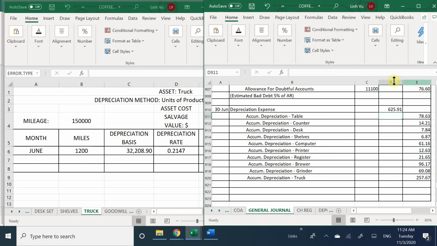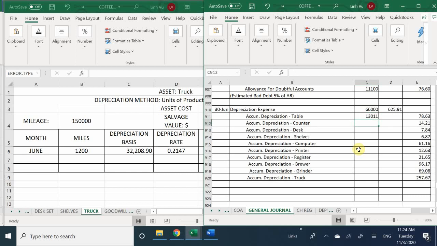Okay. So let's go ahead, and can you tell me all the account numbers? What's depreciation expense? 13011. No, it's 66000. Okay, and then accumulated depreciation for my table. You can read it all the way straight down. 13011.